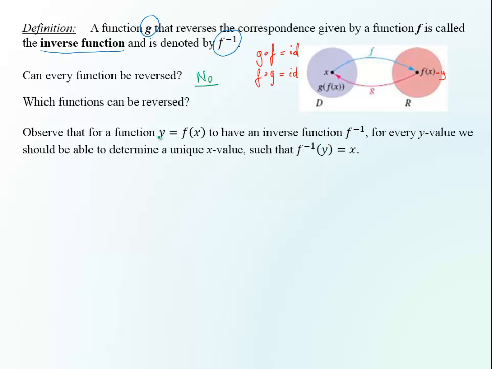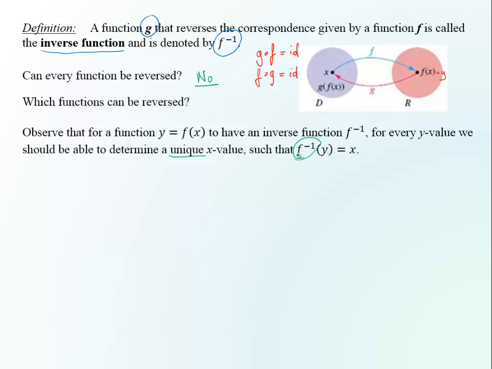So, for every y, we must be able to determine a unique x value such that f to the minus 1 of y gives you back our x. And the key word here is unique, because we want the inverse, f to the minus 1, also to be a function. Therefore, its graph has to satisfy the vertical line test.